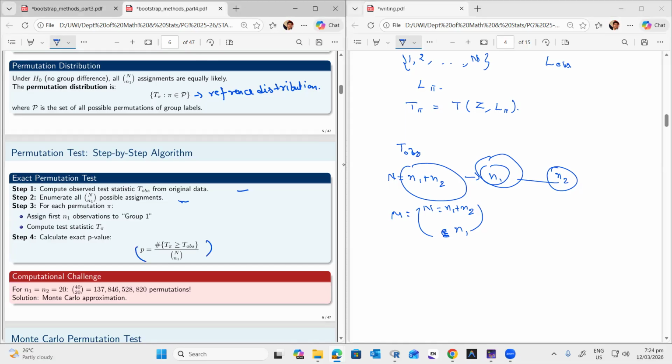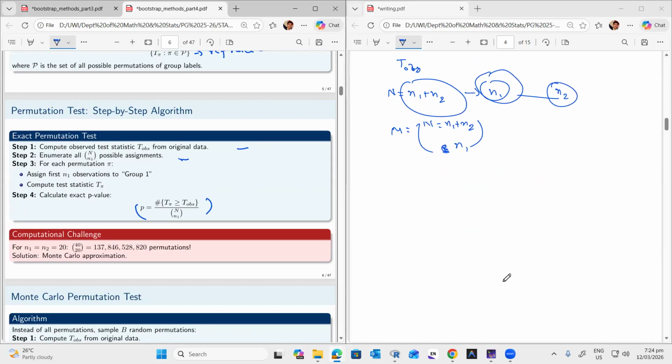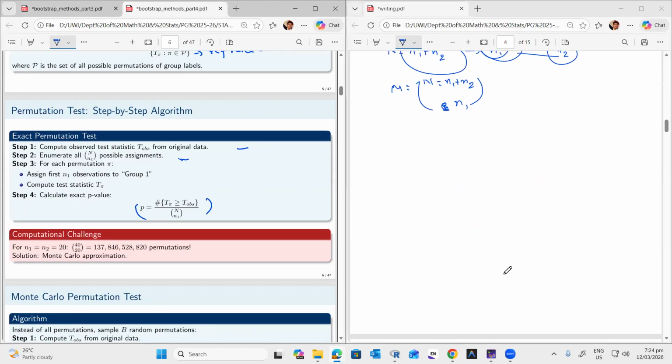Okay, so the p value is a little bit different from the previous methods that we were doing. Here, in the numerator, we are calculating how many permutation statistics are as extreme as or more extreme than the observed statistic t observed.